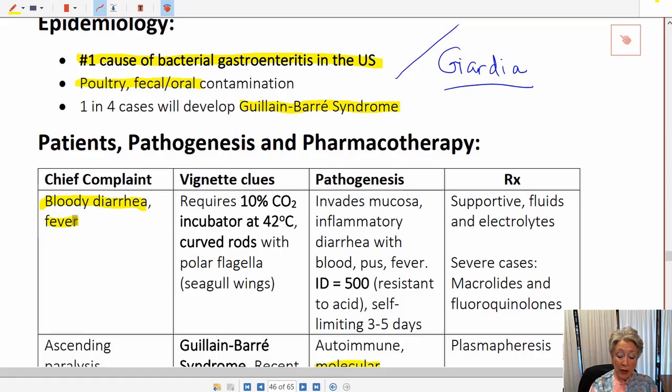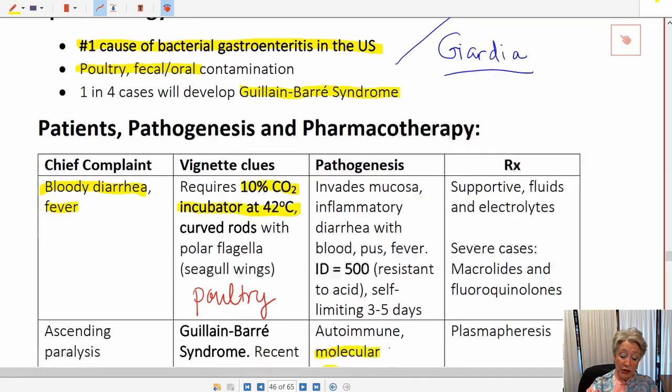Remember that as far as dividing these from one another, the first thing that you're going to think about is going to be the food source that the person has eaten. So some sort of mention of a poultry source. They are likely to mention unusual culture characteristics, CO2 incubator and high temperature.